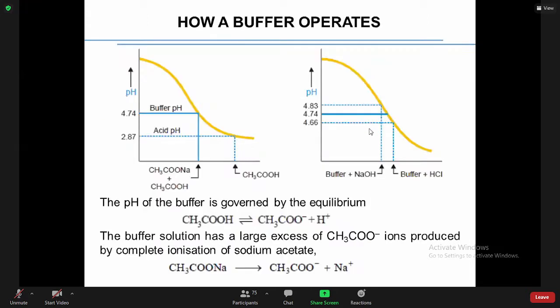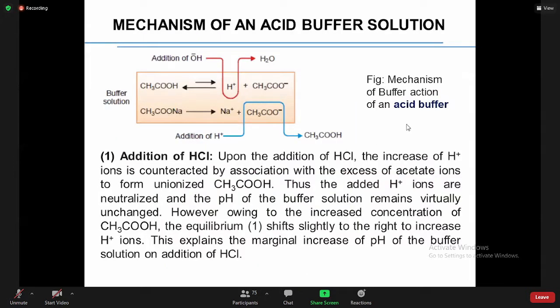So how does this buffer solution actually resist the change in its pH? Can you explain from this mechanism?